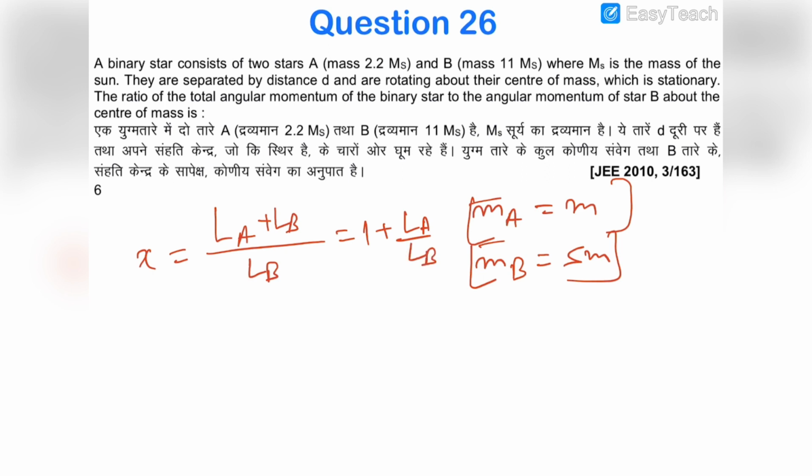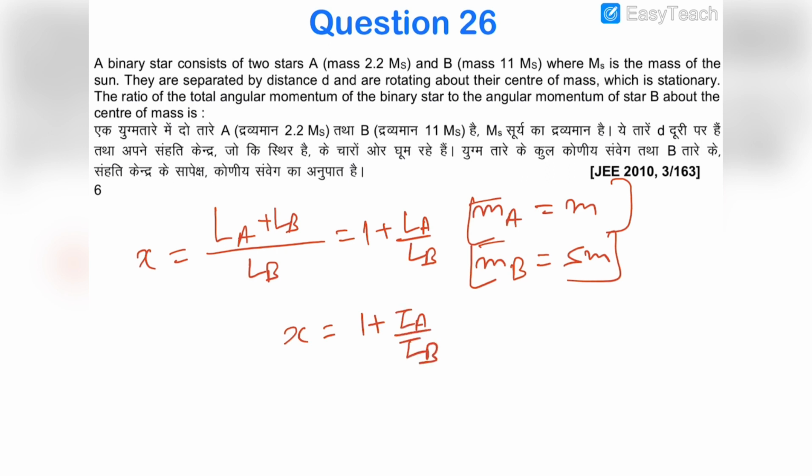Okay, and X will be equal to 1 plus. Now if you remember, their omega was the same. So LA, angular momentum, is I omega, so omega is the same, so this is IA by IB.